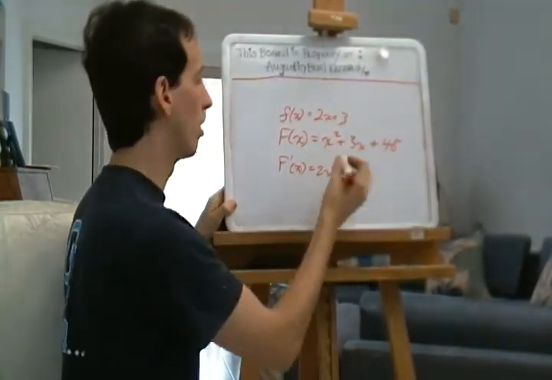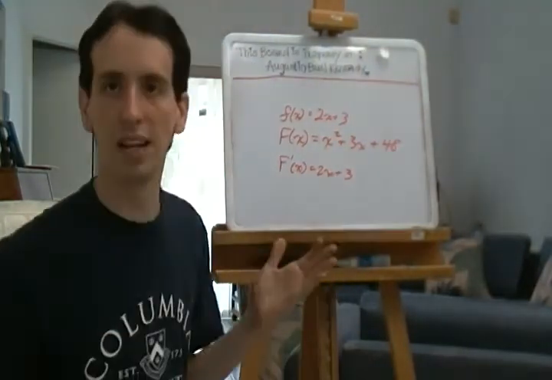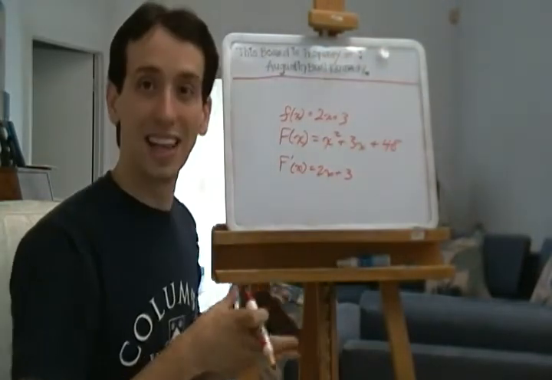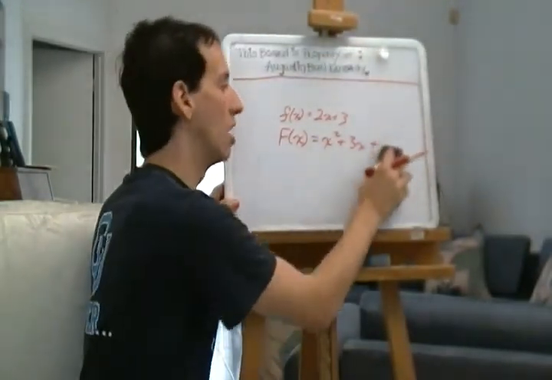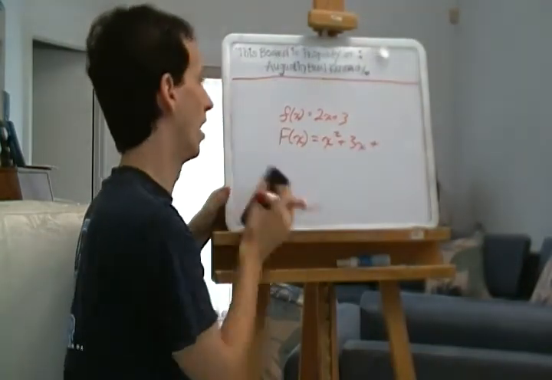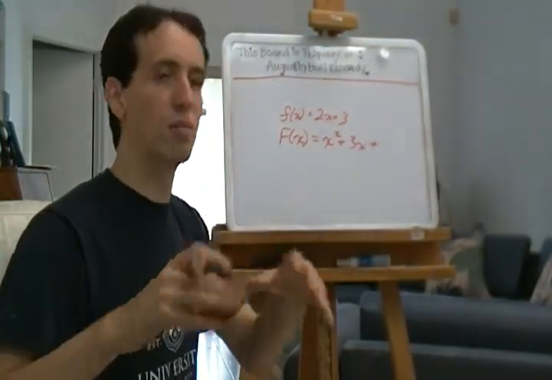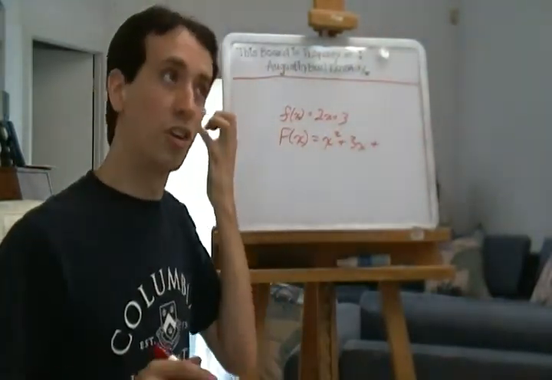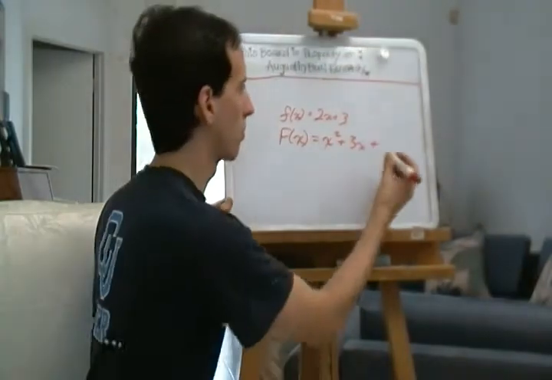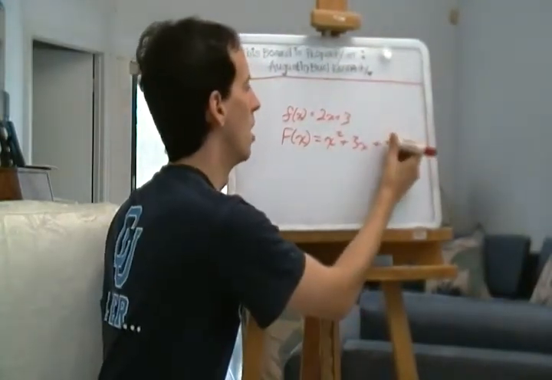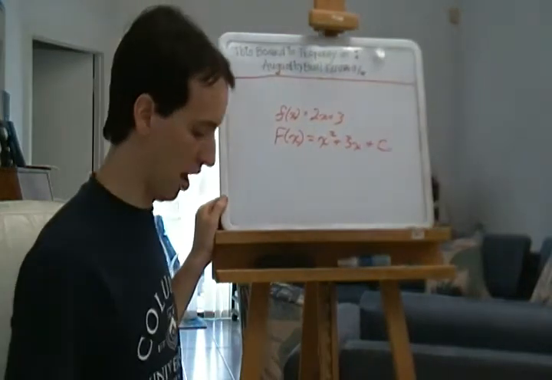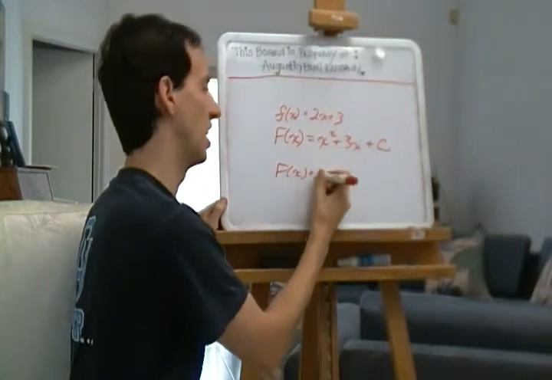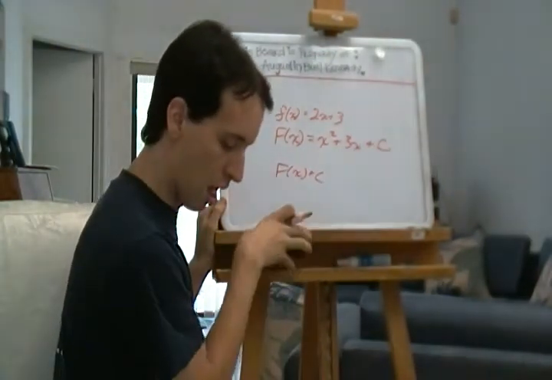Well, the derivative is still going to be 2x plus 3. So really, at the end of every antiderivative, you have to make that allowance that there's going to be some constant that's a little bit different. Every time you take an antiderivative, you're going to be introducing a new constant. So if you have to take two antiderivatives, you're going to have two constants. We'll see how that works in a moment. So plus c is how you write it, and in general, that's the way it's written: F of x plus c is the antiderivative.